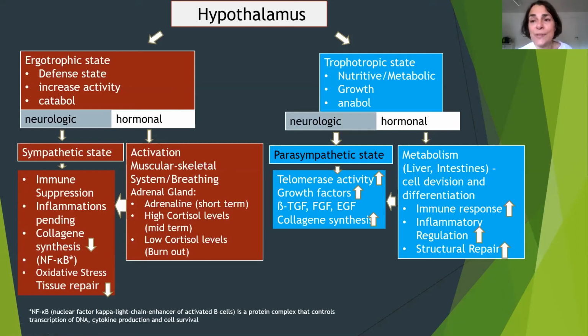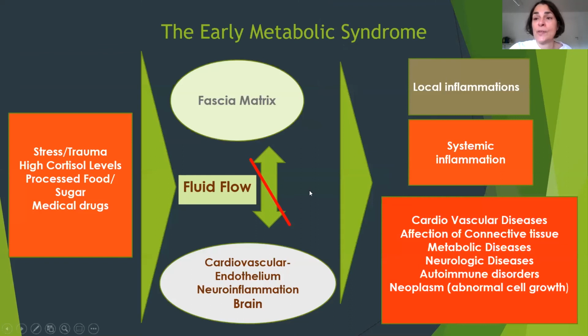So this is already a state where the body can't regulate to a full parasympathetic state, and the chronic states, which are shown in this chart, can cause many more severe conditions.